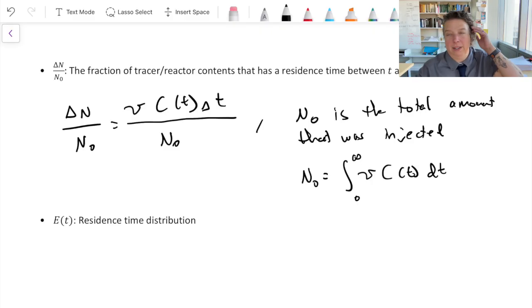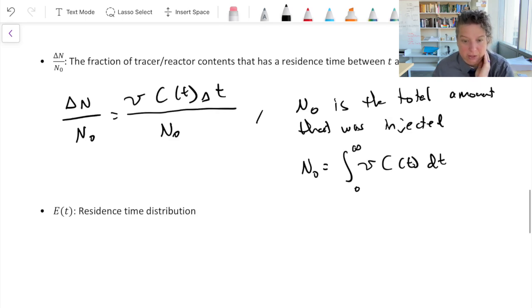So basically it's going to give me the total number of moles of tracer that were collected, which if I integrate between time equals 0 and time equals infinity, that should give me the total number of moles of tracer that were injected.